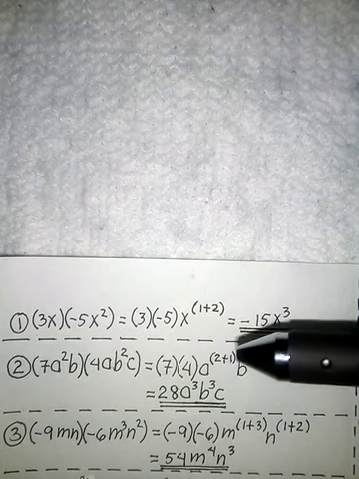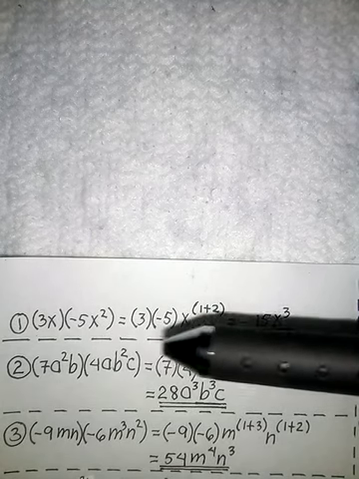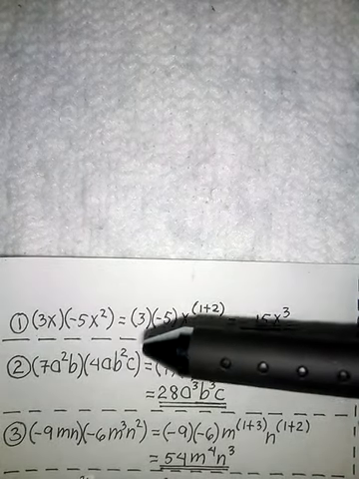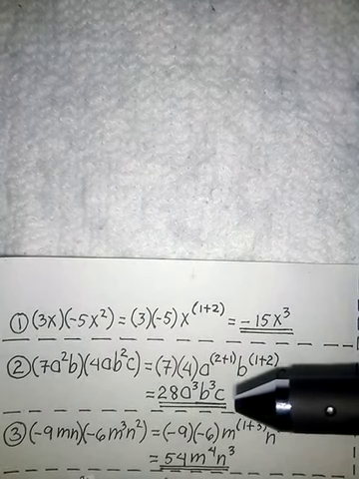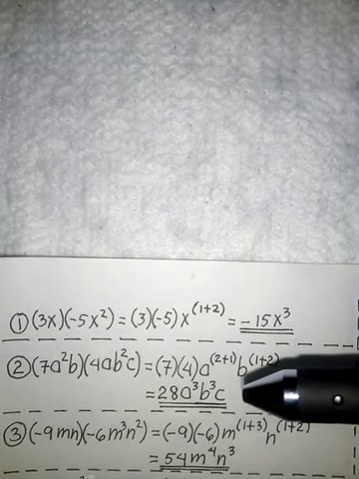So, a, 2 plus 1, is a cubed. And then we have b, exponents 1 and 2. So, 1 plus 2 is b cubed. And then there's no other c except this one, so just write c. The final answer is 28 a cubed b cubed c.